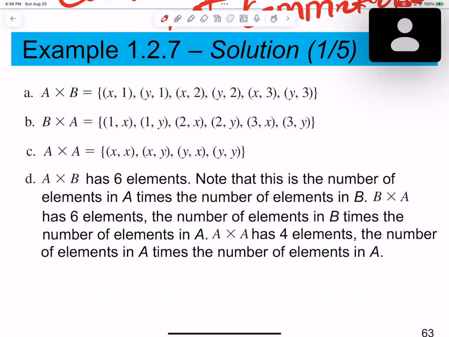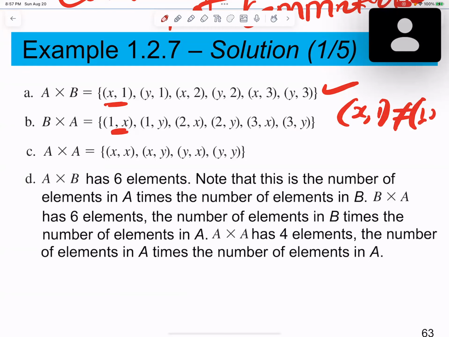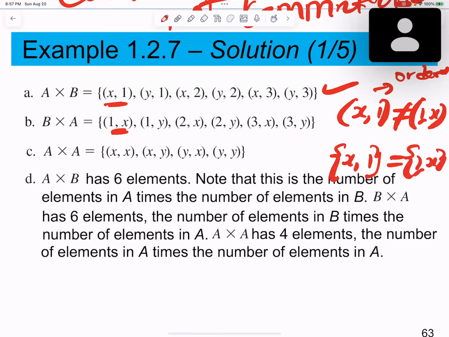So look at this, for instance. Remember, the content here is not the same thing as 1x, because these are ordered pairs. But if you are using a set, remember, x1 will be the same thing as 1x for a set.